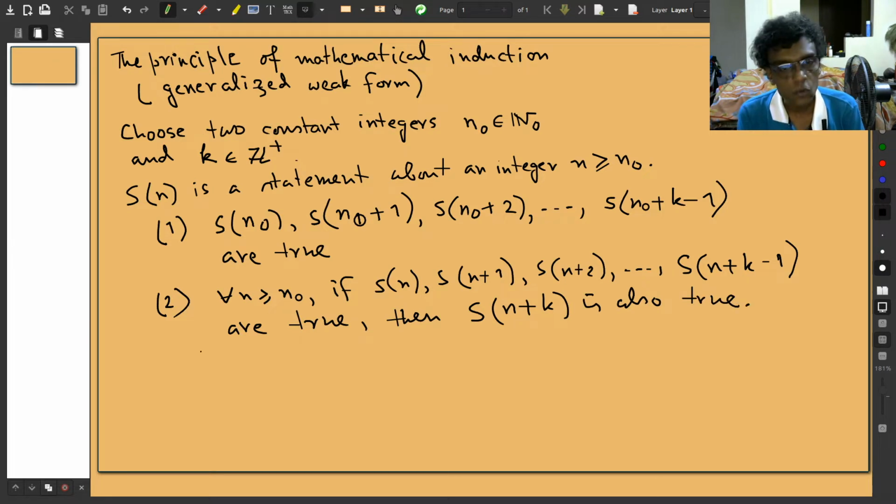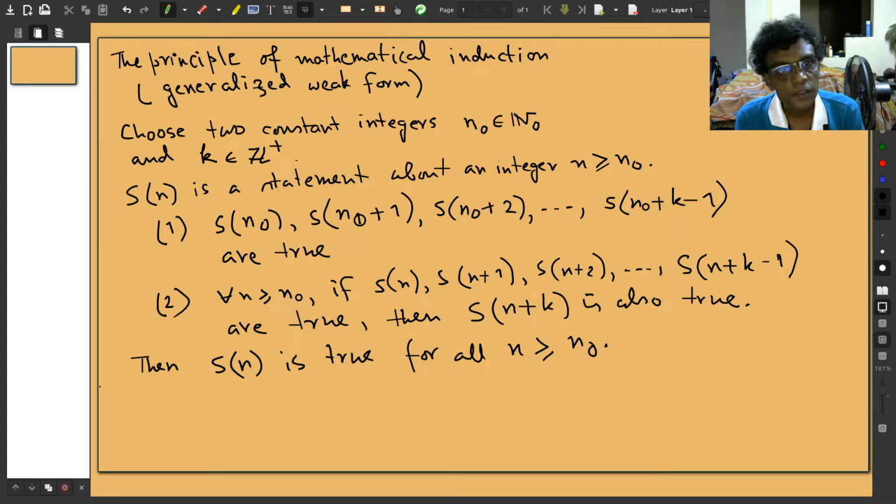If these two conditions hold, then we have Sn is true for all n greater than or equal to n0.